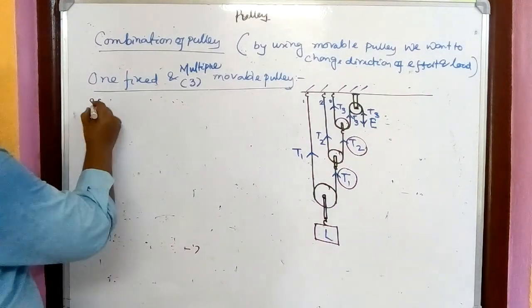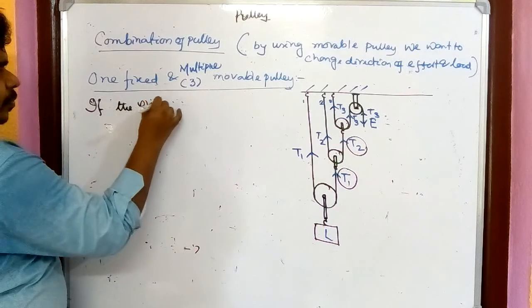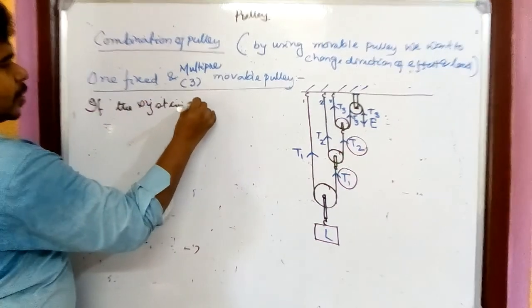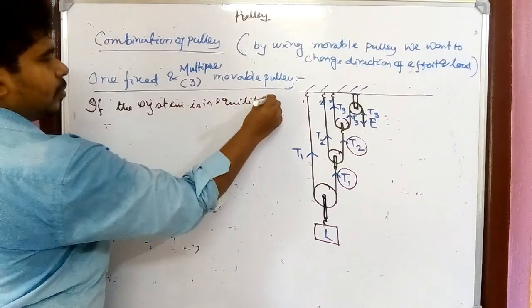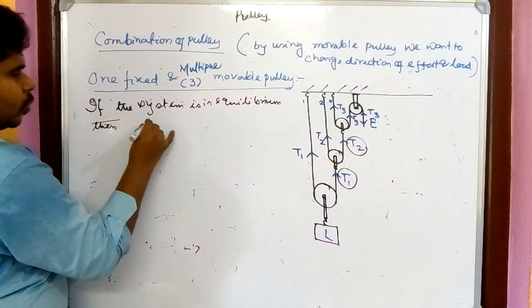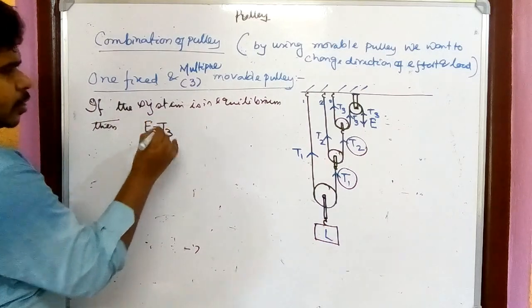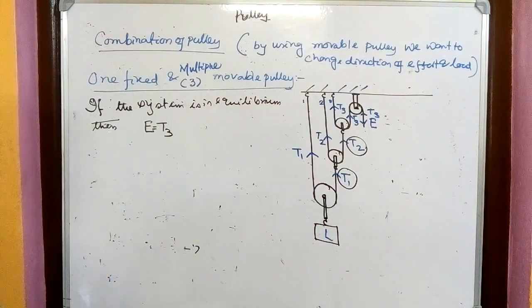So if the system is in equilibrium, then E equals T3. There is no problem with that. E equals T3, which we have done from the previous part only.